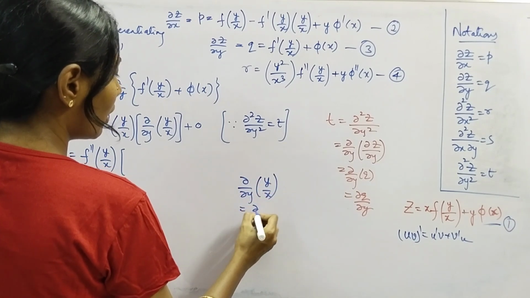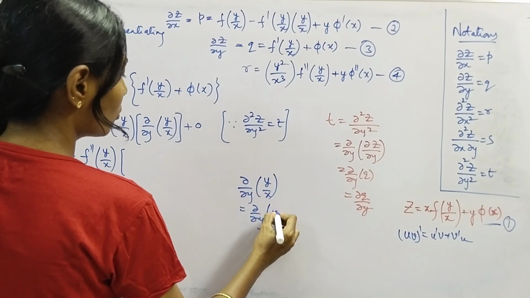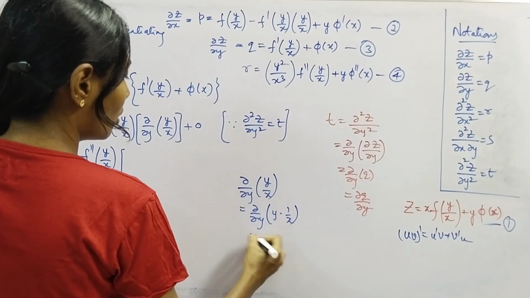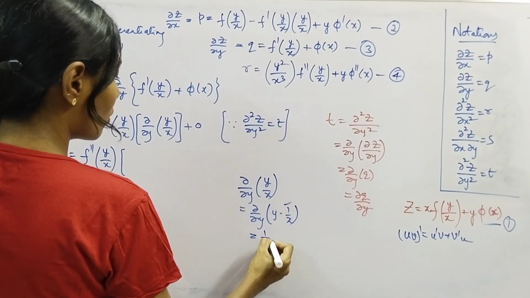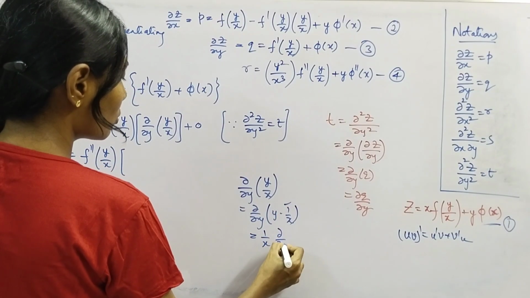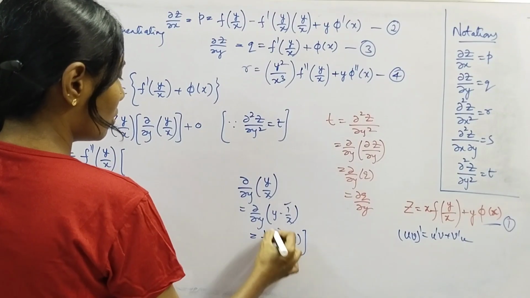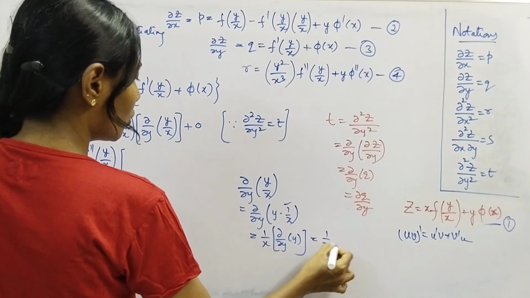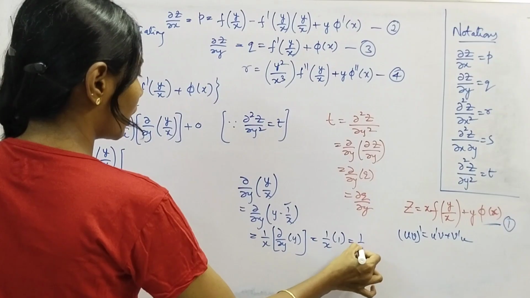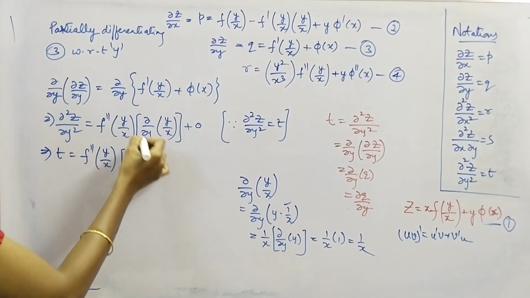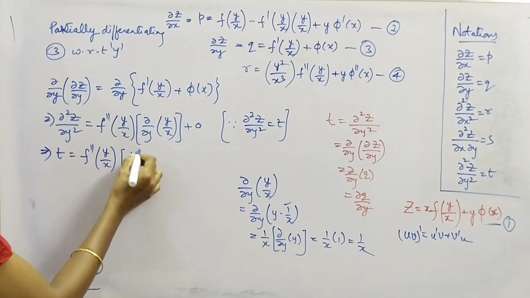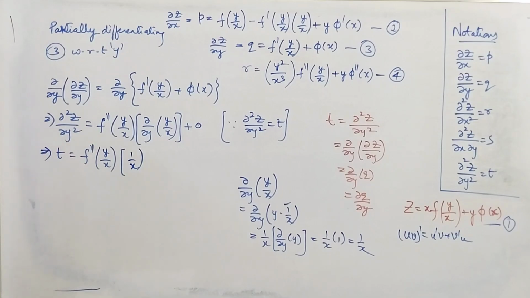So you can write y by x as y into 1 by x, right? Here 1 by x is treated as constant, pull this out, you'll get 1 by x into dou by dou y of y. The derivative of y with respect to y is 1, so you'll get 1 by x. So the value of this is 1 by x. Yeah, this is your equation involving t.